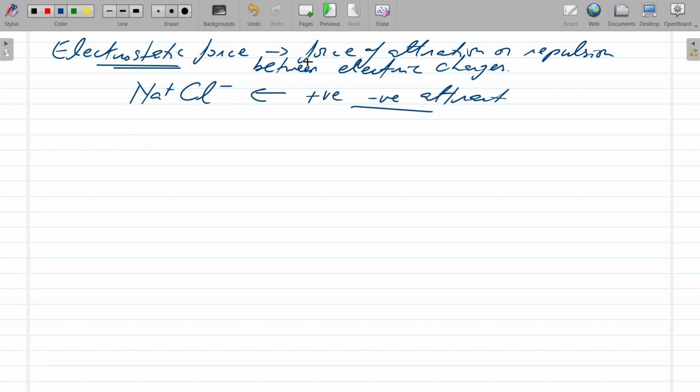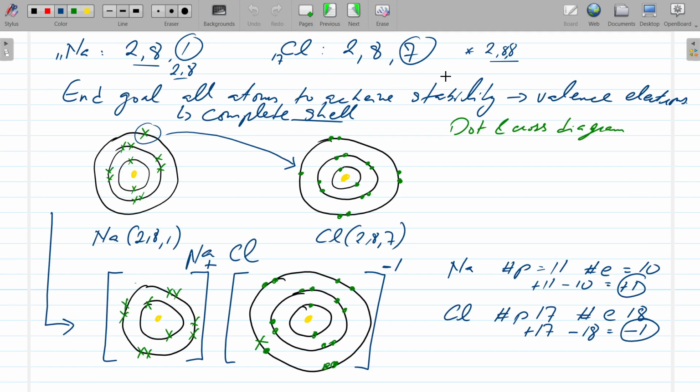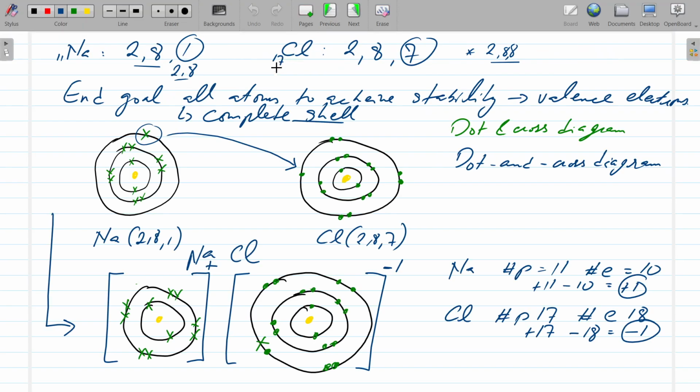Now, the dot and cross diagram, as it's written in the text, you need to simplify. Just before we move on, basically sodium here lost an electron while chlorine gained an electron.